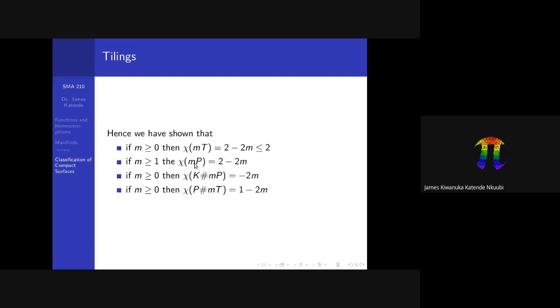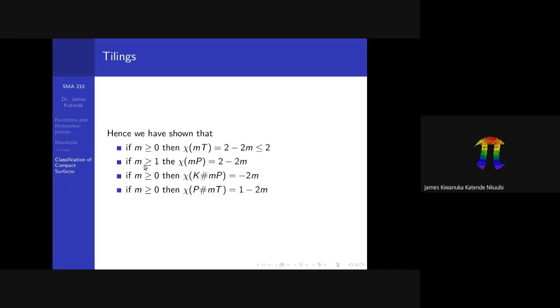And that makes sense, because if you have 2p, it's the same as a Klein bottle, and we have seen that the Euler characteristic of a Klein bottle is 0. So when m is 2, we should get 2 minus 2. So just ignore this 2. This 2 is not supposed to be there. So I'm ignoring it completely in the calculations. So when m is 3, we'll have 2 minus 3 to give us -1, and so on.